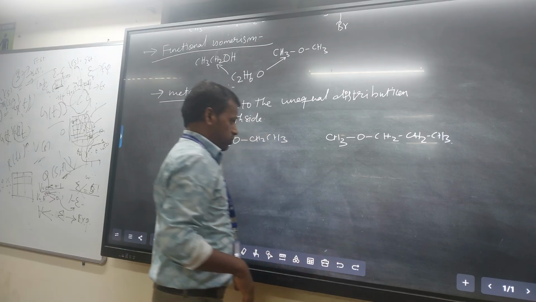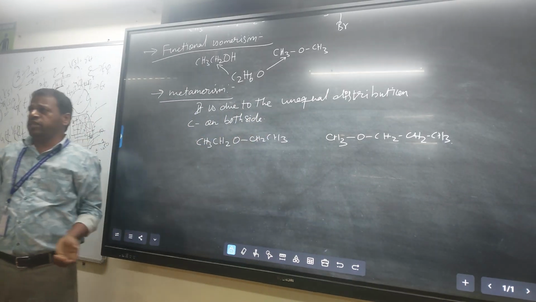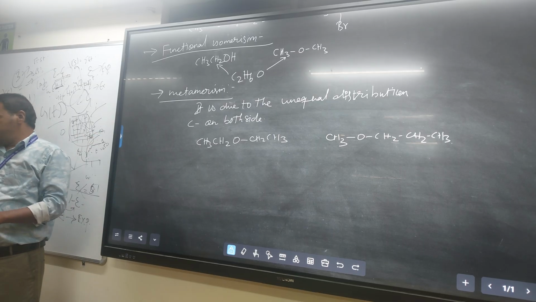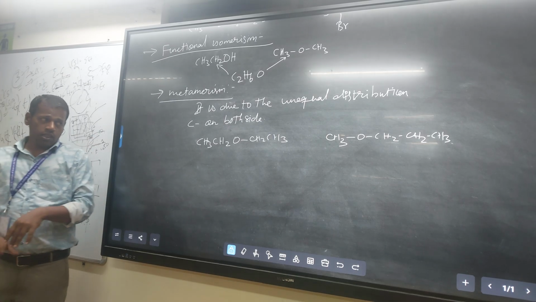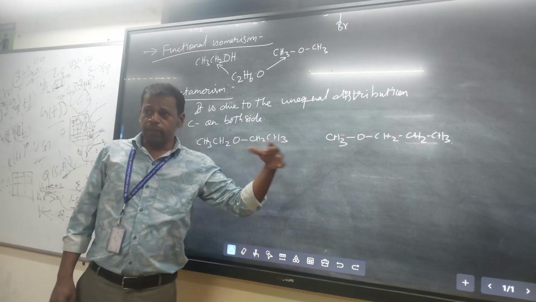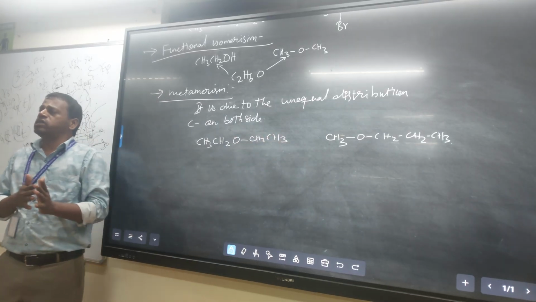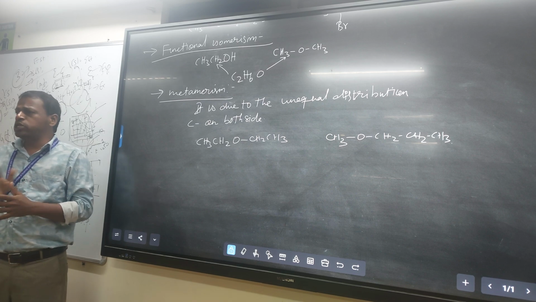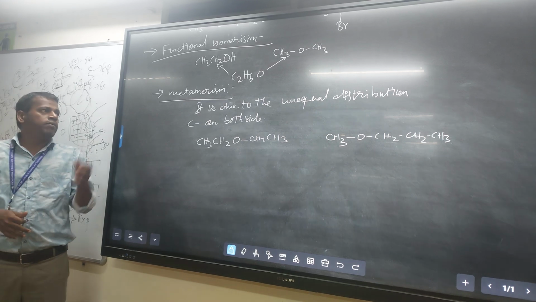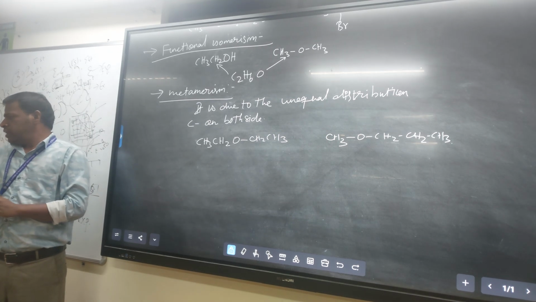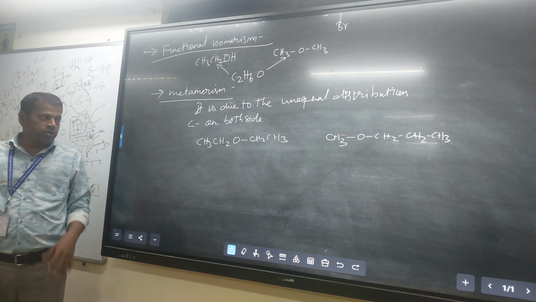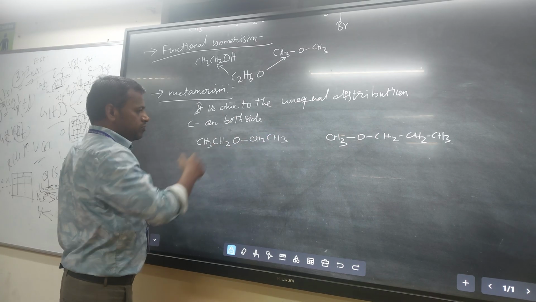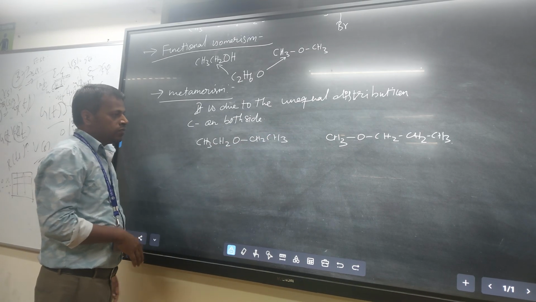Here it is diethyl ether, but the other is methyl propyl ether. That is metamerism. That means unequal distribution of carbon on both sides of the functional group. Example: diethyl ether, methyl propyl ether.